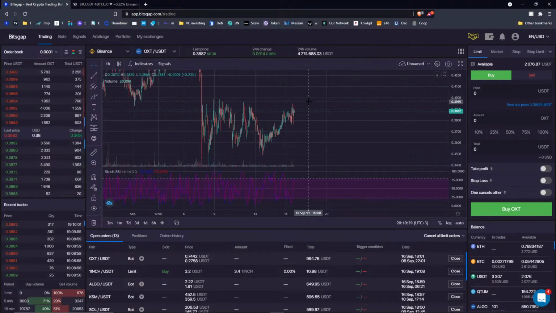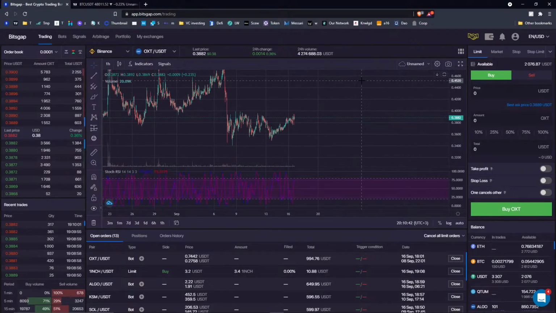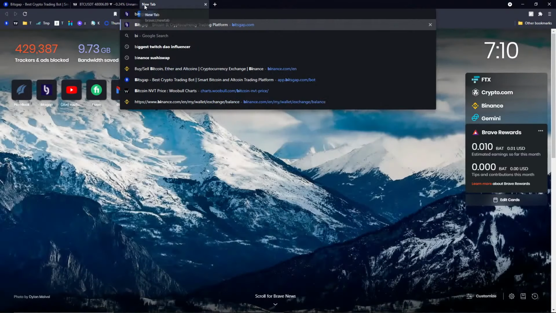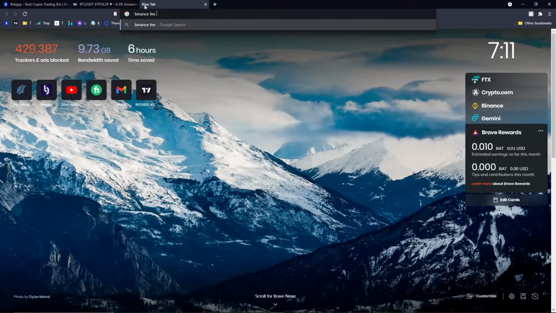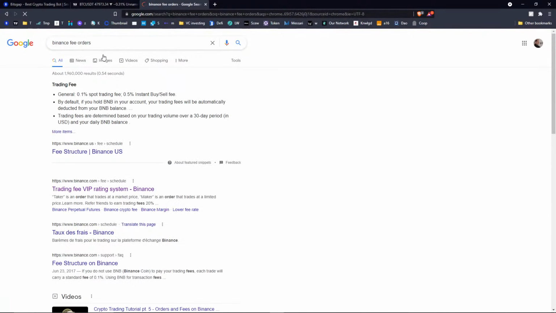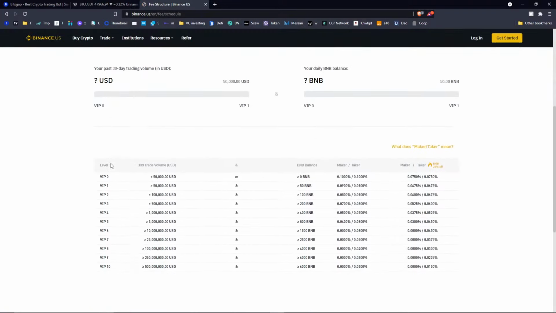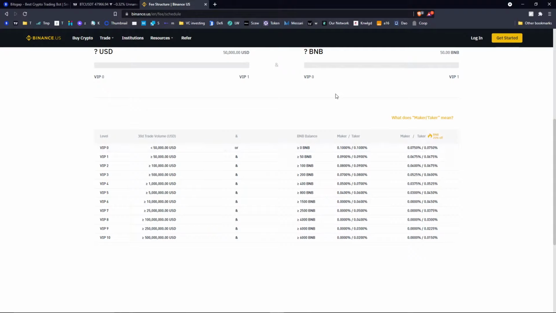And I will just quickly explain to you each order. So limit buy and limit sell order, that's the order you can have if you want to enter or exit the market with the minimum fee you can have. So for example, you can go on Binance and check the fee, and you will see that for the market buy or sell orders, you're gonna pay a larger fee.